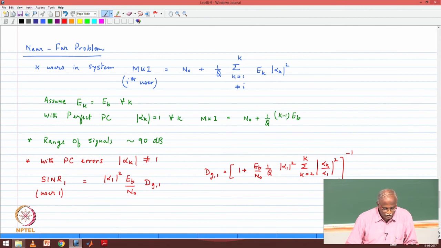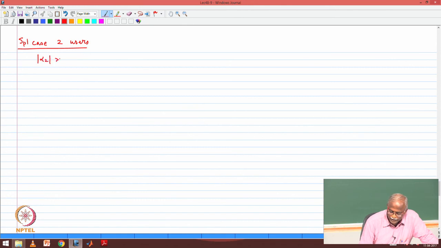Now, the key step is how do we interpret and how do we understand. So, let us take a simpler case, keep that equation in view, and please look at it in the following special case. I am going to look at a special case of 2 users, where alpha_2 is much larger than alpha_1.